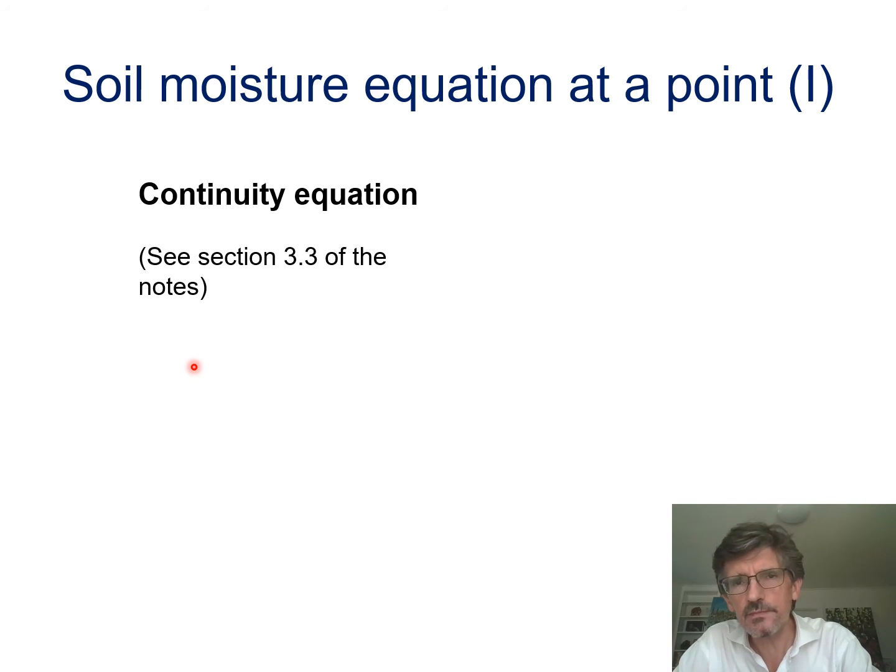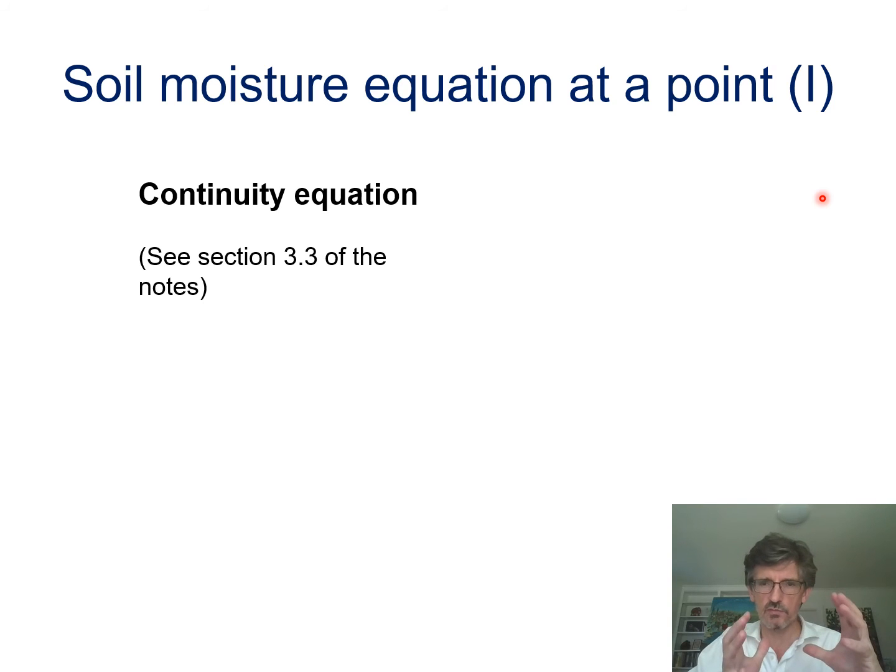But what do I mean by a point here? The point is the point of a continuum, after having done, of course, a Darcy averaging type of operation. So when we say here is a point, we mean that this is representative of what goes around it in this 10, 15, 20 centimeters, whatever the Darcy scale is for that type of soil.